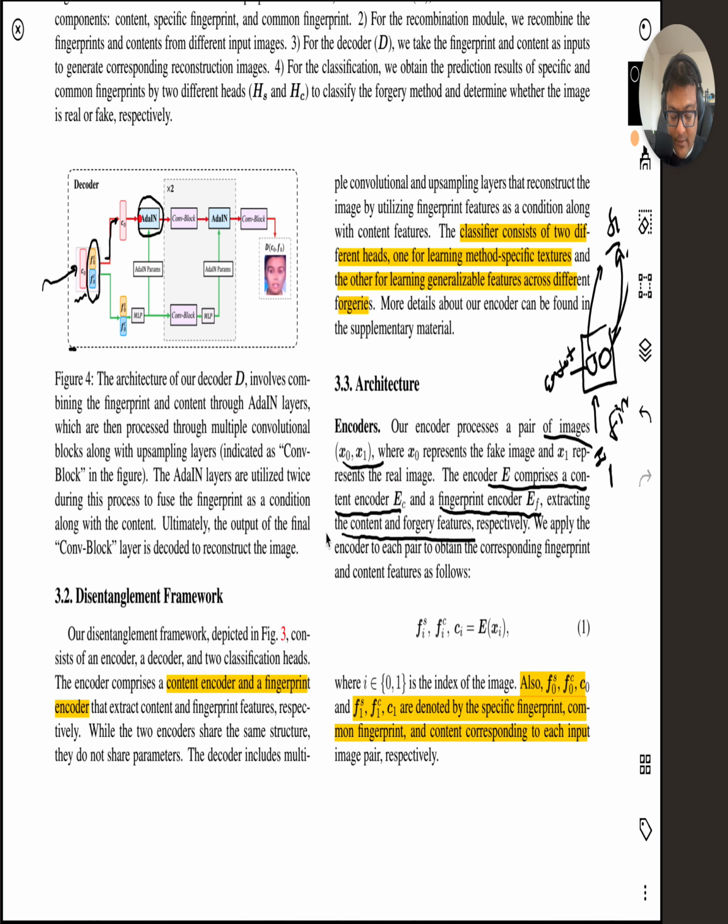In this layer you take the forgery features and append them to it. Basically you are trying to remove the content information and apply the forgery information through this adaptive instance normalization layer. And then you are upsampling it through a conv block.